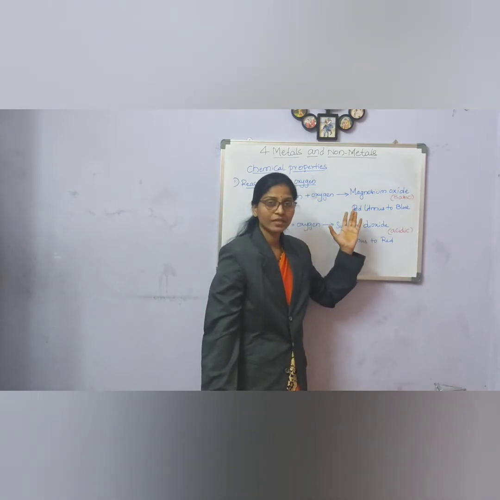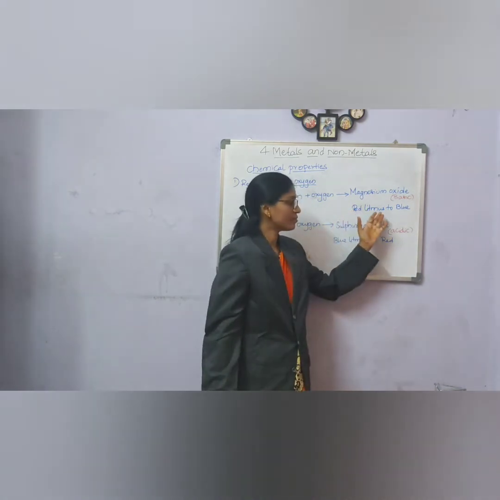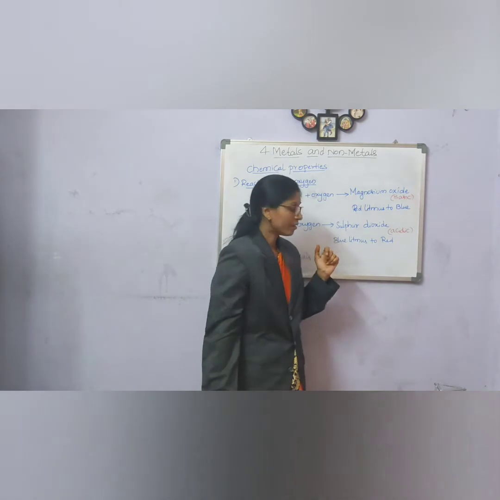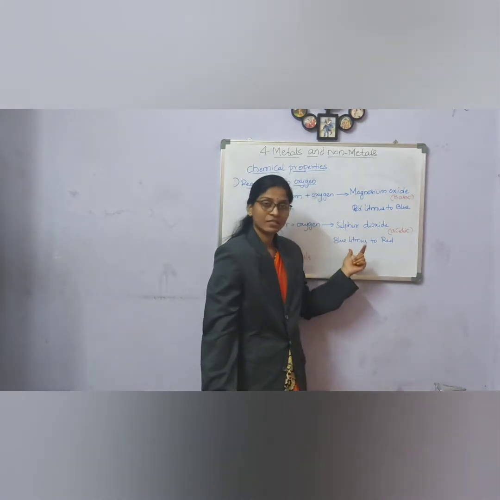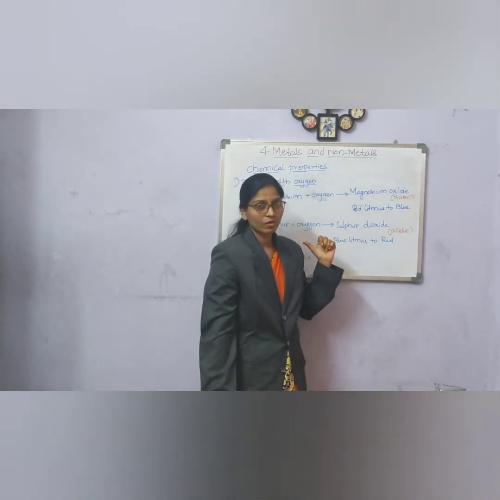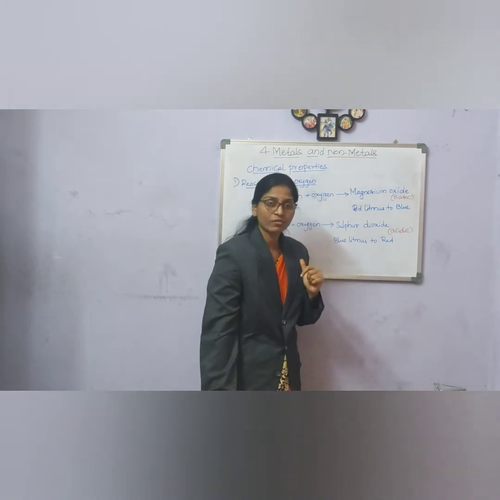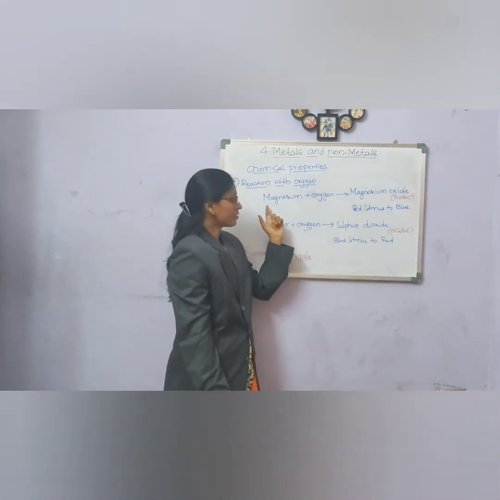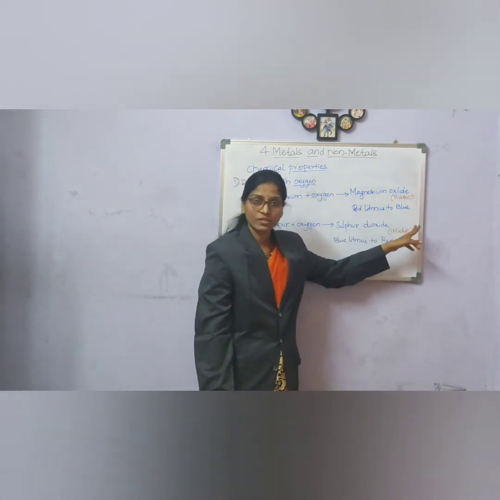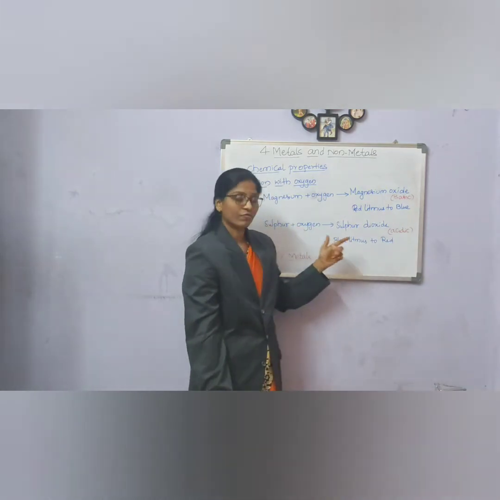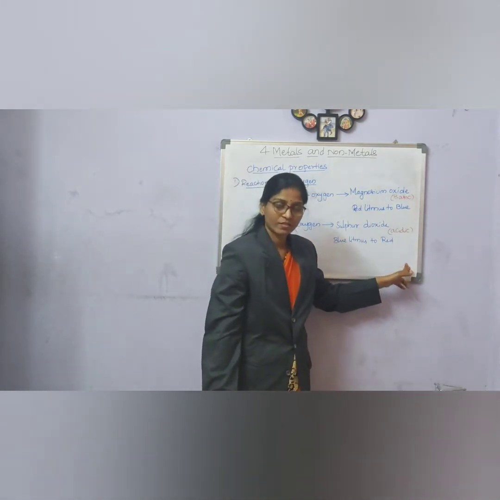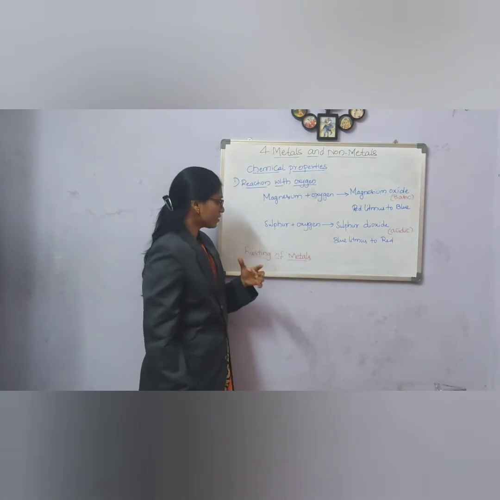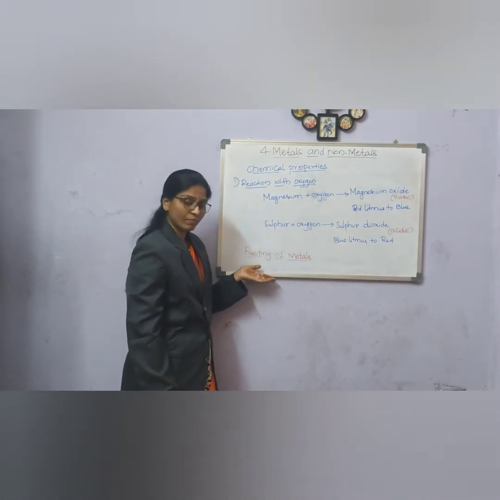The metals convert the red litmus paper into blue, and the blue litmus is converted into red by the non-metals. So here we can conclude that the metals form basic oxides and the non-metals form acidic oxides.